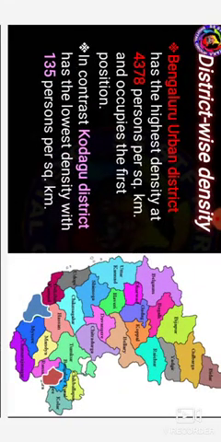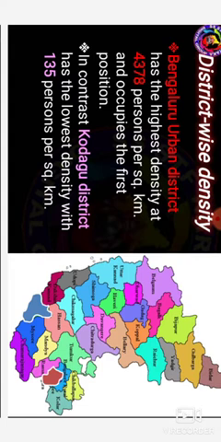And the next, the district-wise density. What was the density we have to see in this district-wise population? First of all, we have to know that Bengaluru Urban district has the highest density, 4,378 persons per square kilometer, and occupies the first place in density in our state.